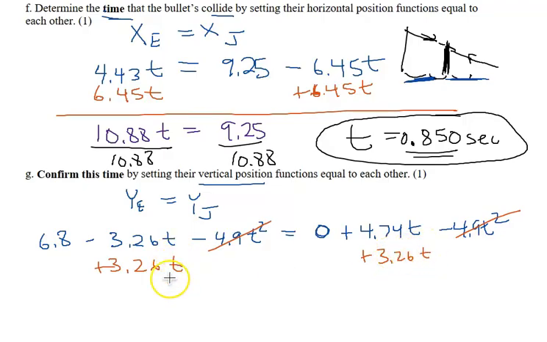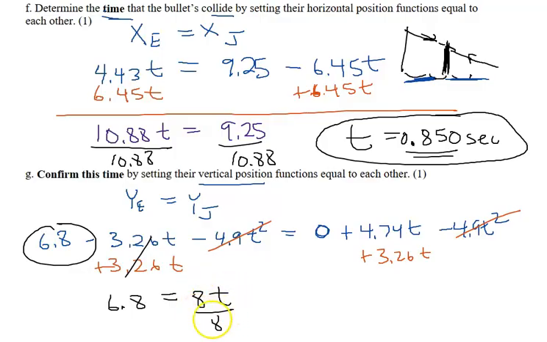And that gives us, these cancel, 6.8 remains on this side, equals 8t. Divide both sides by 8, and you get t is 0.85 seconds. Yay.